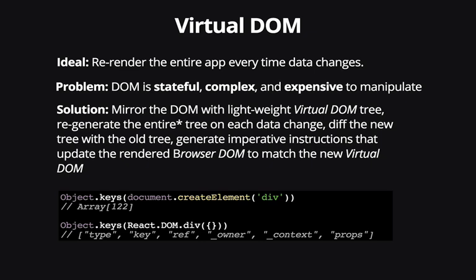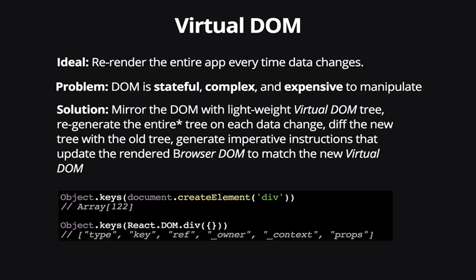Whereas if we compare that to a React div, there are 6 keys on it. So you can imagine comparing how lightweight this React div is to an actual div. It seems like one of them is a lot easier to manipulate and to store in memory.